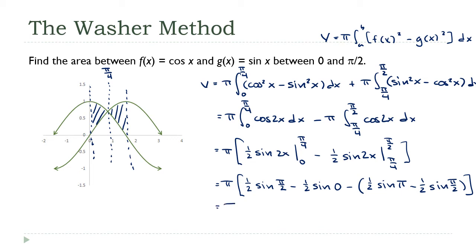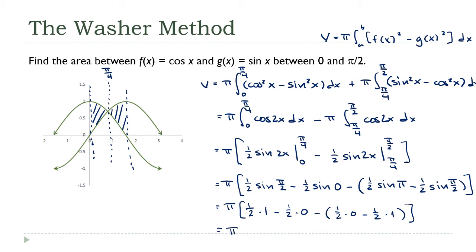Okay, so this is pi times 1/2 times 1, minus 1/2 times 0, since sine of pi is also 0, so that's 1/2 times 0 again, minus 1/2 times sine of pi over 2, which is 1. All right, so what is this?